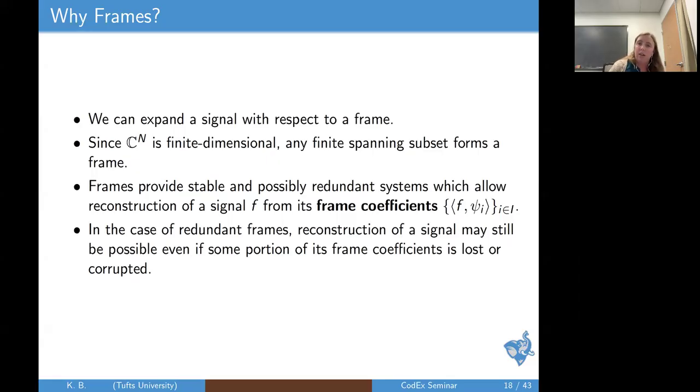So we do have to be careful, because if any finite spanning subset forms a frame, maybe there are some that do nicer things for us than others. In particular, they can provide stable and possibly redundant systems, which could allow us to reconstruct our signal from frame coefficients. And also if there's any corrupt or lost portion of the frame, we still might be able to reconstruct our signal.